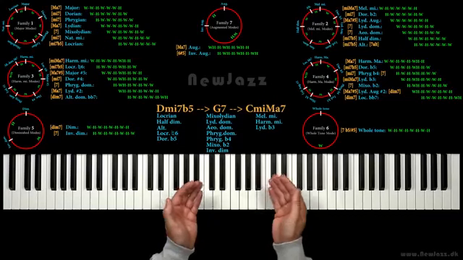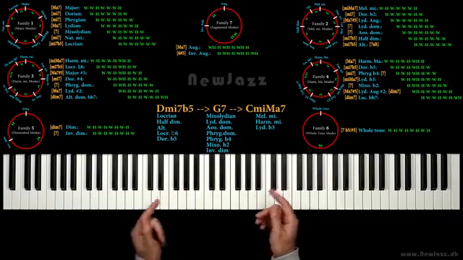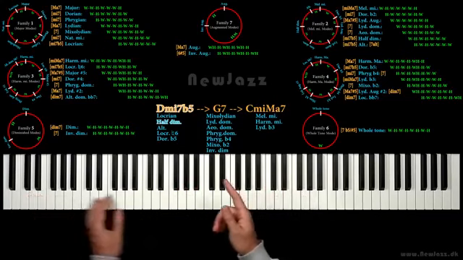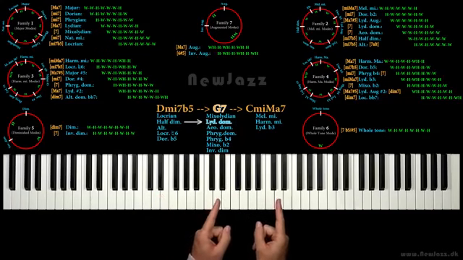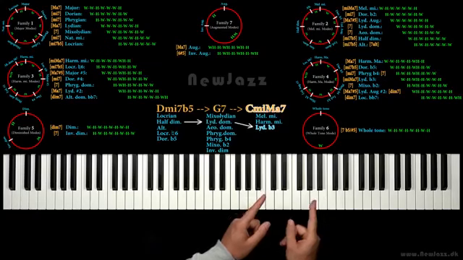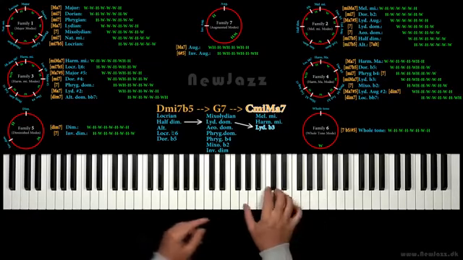Or what about this crazy one? D half diminished, to G Lydian dominant, to C Lydian flat 3.